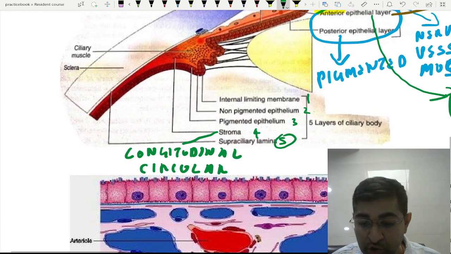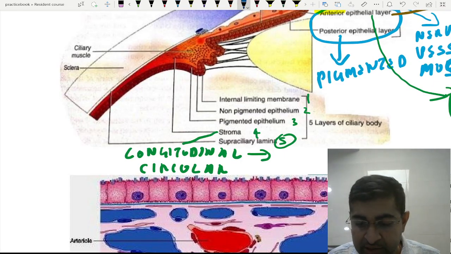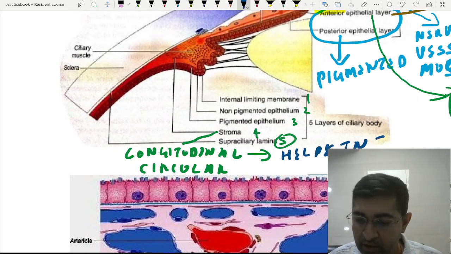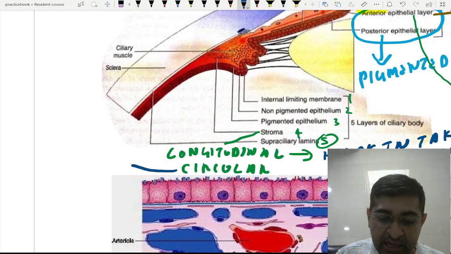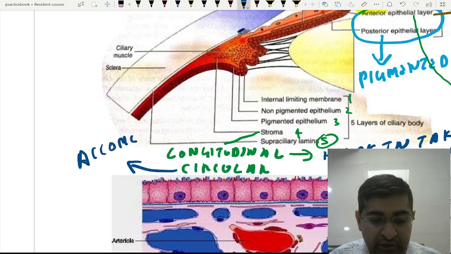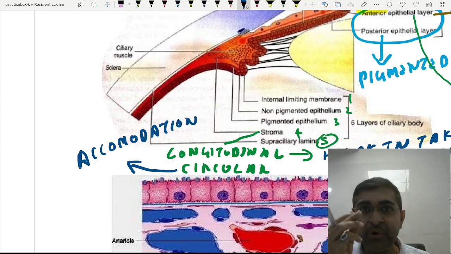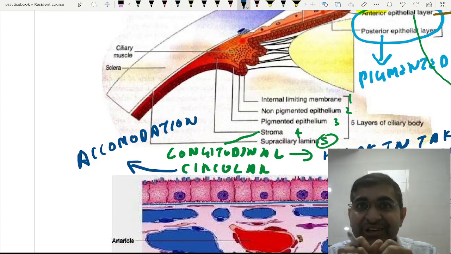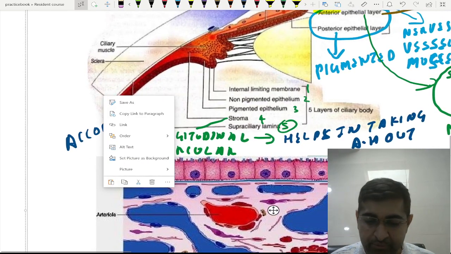Now longitudinal muscles help in draining out the aqueous humor, so they help in aqueous humor drainage, right? And circular muscles cause accommodation. Accommodation, you understand, na? There are 3 parts of accommodation: increase in the anterior curvature of the lens, pupillary constriction and convergence, right? So circular muscles cause accommodation.